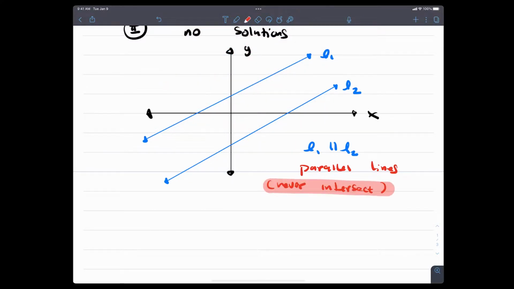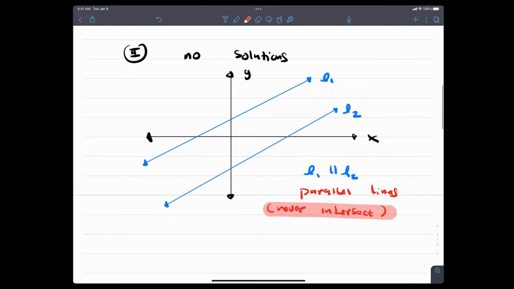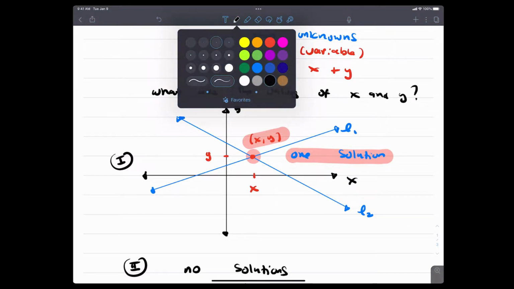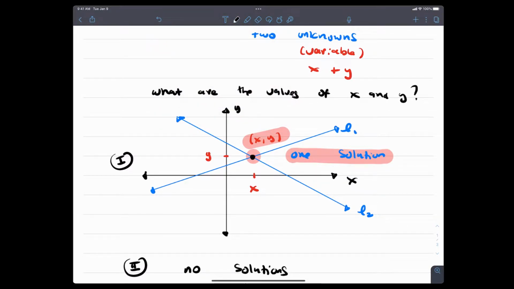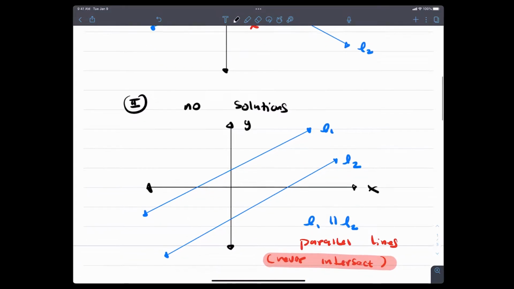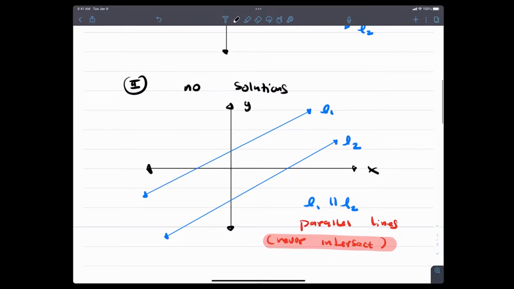They never intersect. If a solution is the point of intersection, that address, what does that mean if they never intersect?